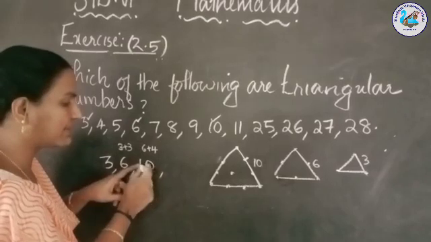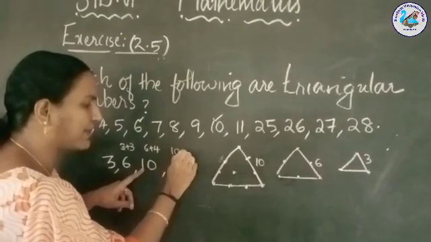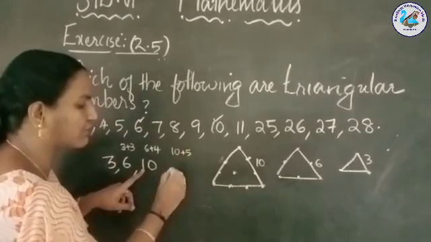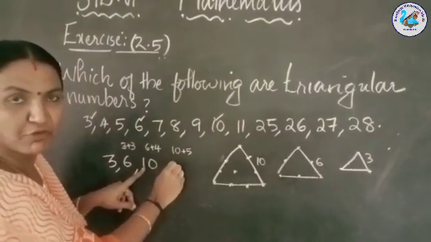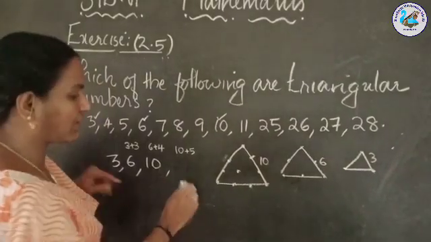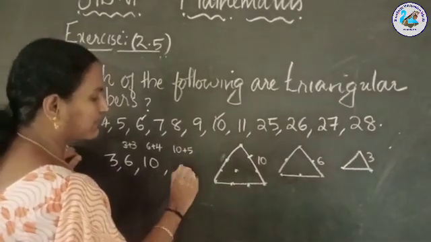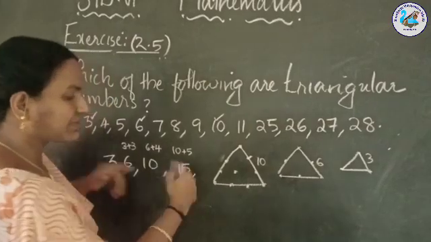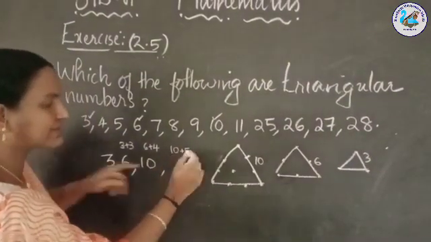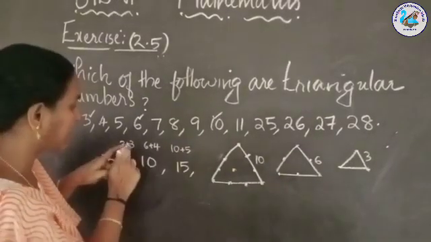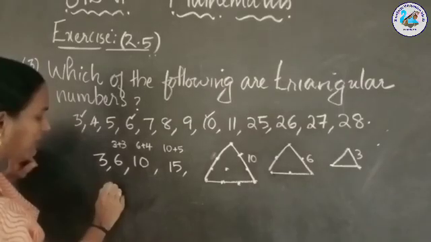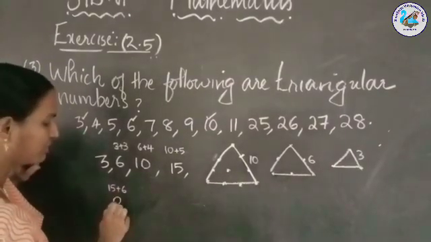What is the next number? To 10 we add 5, so 10 plus 5 is 15. 15 is not there in the options. The next number is 15 plus 6, which is 21.